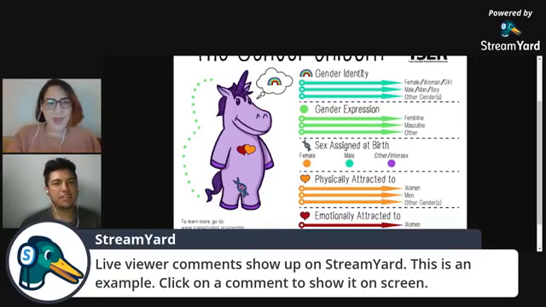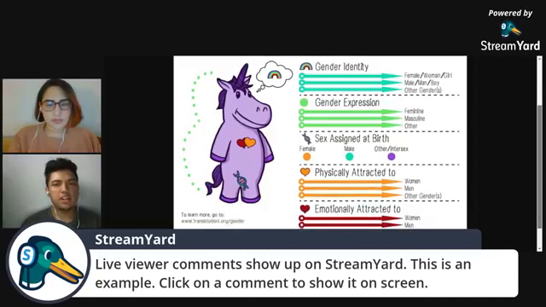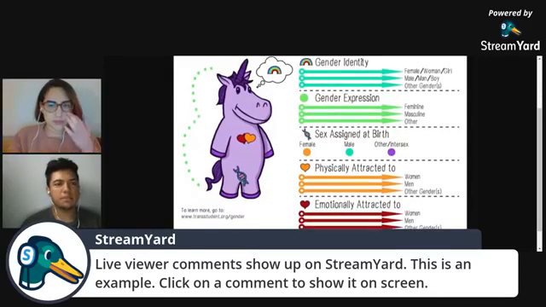So when we're talking about the bottom half of the gender unicorn, there's physical attraction and emotional attraction. A lot of times people kind of connect the two. So when we're talking about sexual orientation, we're not just talking about people that we are romantically attracted to, but also physical attraction.